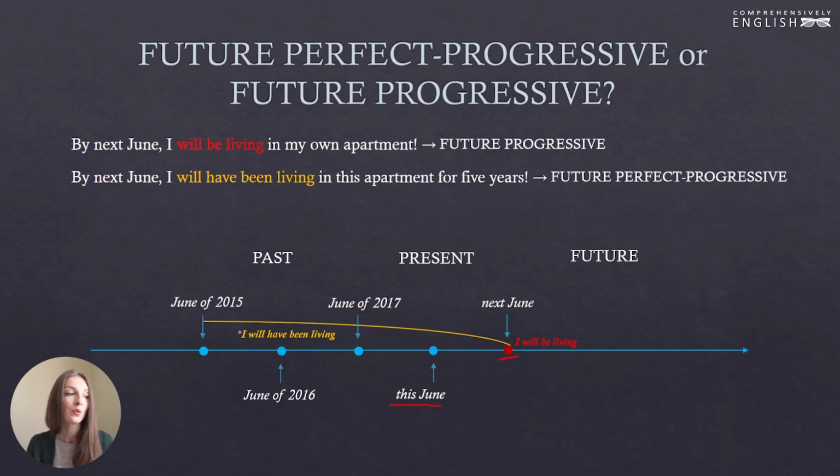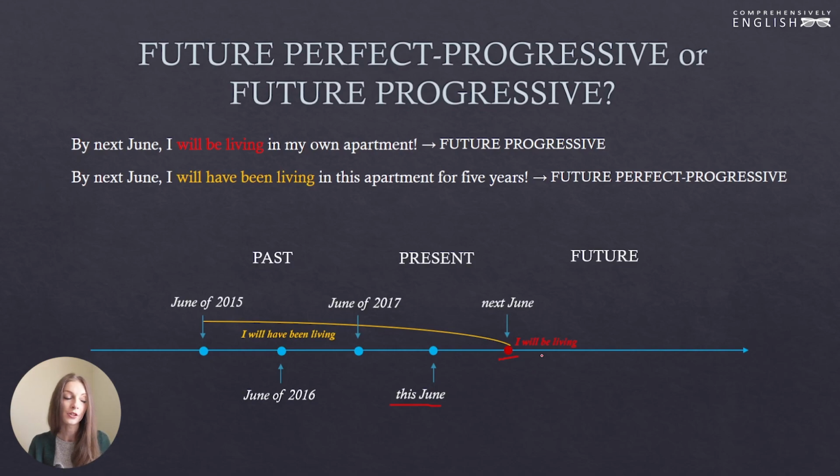If we say, I will have been living in my own apartment for 5 years by next June, what we are interested in and what we want to convey is that all this time, all these years that precede this moment in the future, we will have been living in this apartment of ours. So these two sentences express absolutely different ideas.